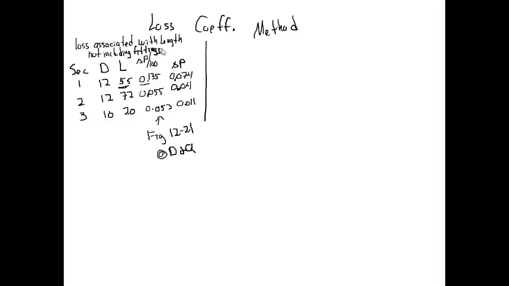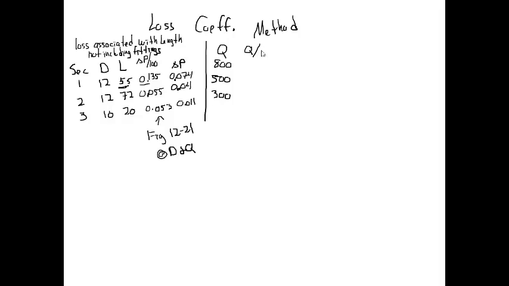Let's start with an elbow. We're going to need to know certain parameters ahead of time. First, we need to know flow rate. So I'll just list those again: 800 CFM for section 1, 500 CFM for section 2, 300 CFM for section 3.